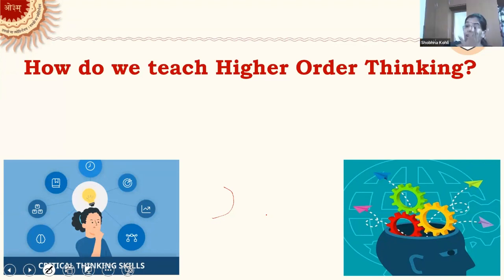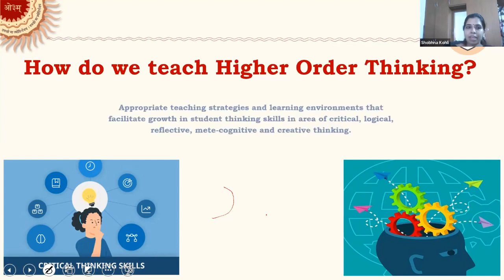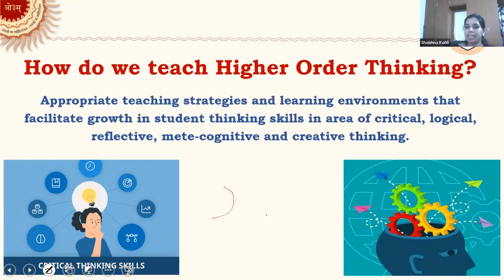we have learned about the approaches, right? We have learned about what the method and strategy should be when we are teaching in the classroom. So definitely, when we use appropriate teaching strategies and learning environment, they facilitate growth in student thinking skills in the areas of critical, reflective, metacognitive, and creative thinking.